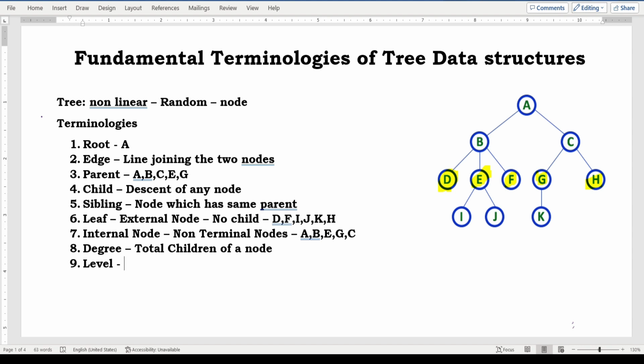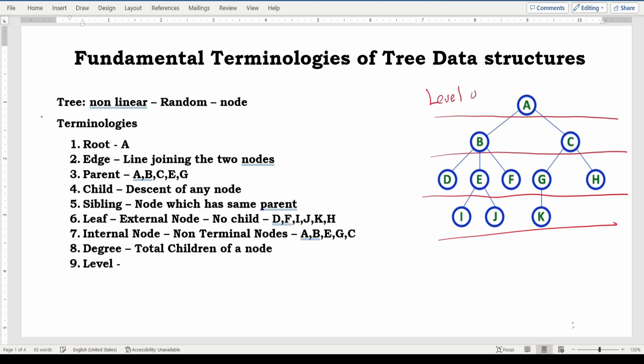So here, how many levels does our tree have? Our tree has 3 levels. So this is level 0, level 1, level 2, level 3.